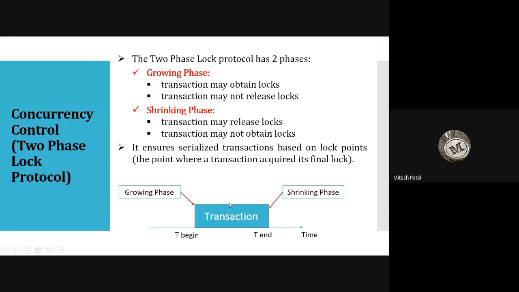Suppose maybe the lock point is here, maybe here, maybe here. When the growing phase starts, it may obtain the locks, and when in the growing phase a transaction acquires its last, final lock, after that no lock request will come, so that point is called the lock point. After the lock point, the shrinking phase will start. In the shrinking phase we can only release the locks.